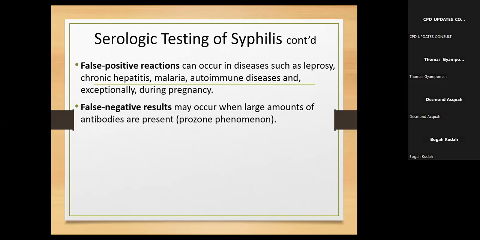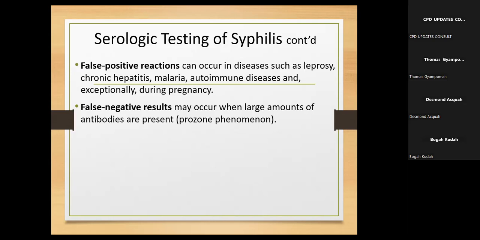You are doing it to save cost or whatever. When you are going to do the reverse algorithm, you don't ask the patient to pay for it, because the patient did not come in to do the TP test. He came in to do the VDRL. You decided to do the TP test. And so if by your new principle, you are going to do the reverse algorithm, the patient doesn't have to pay for that. And we are going to consider what factors to consider whether to do the reverse algorithm or to do the traditional algorithm.